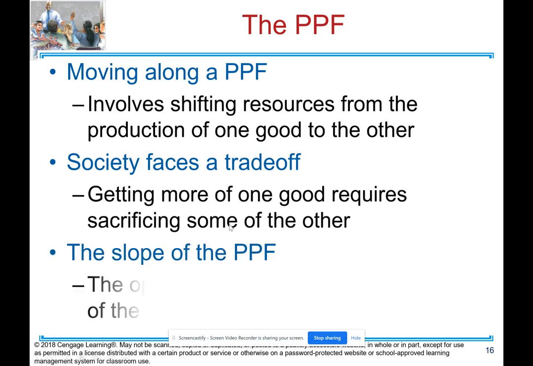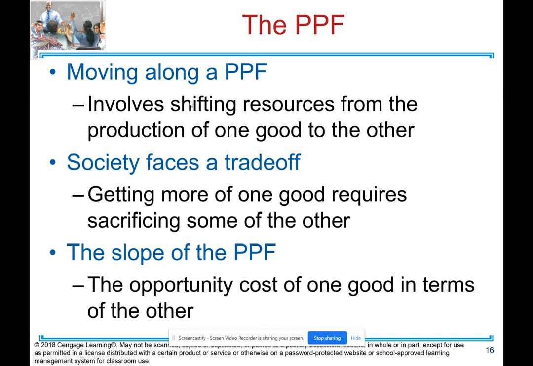Okay? Moving along a production possibilities frontier, moving up or down, involves shifting resources from production of one good to the other. Like producing more computers means less tons of wheat, or more tons of wheat means less computers. Society faces trade-off. Getting more of one good requires sacrificing some of the other.